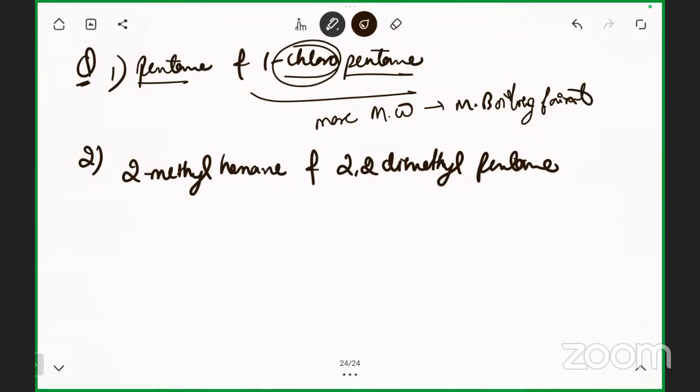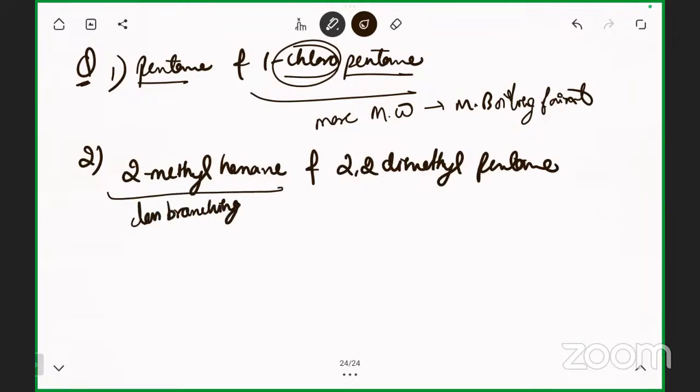And why? Reason. What is the reason why 2-methylhexane is the correct answer? Sir, but 2,2-dimethyl has more branching than 2-methylhexane, sir. Yes, it means in this compound there is less branching.